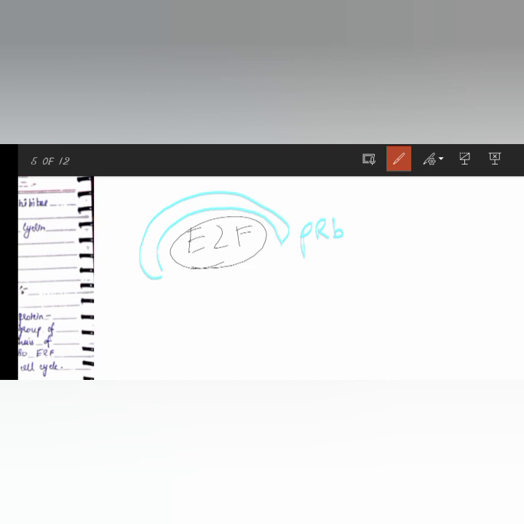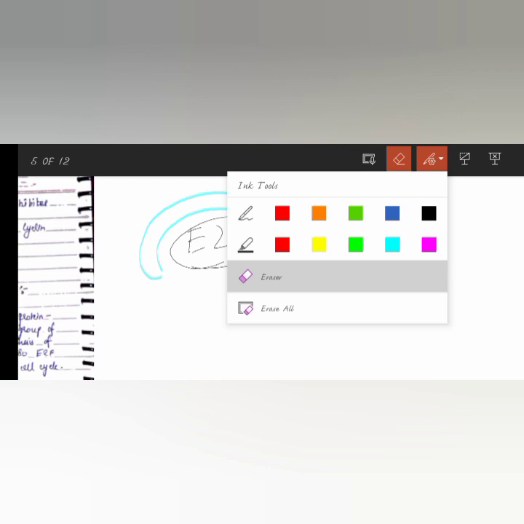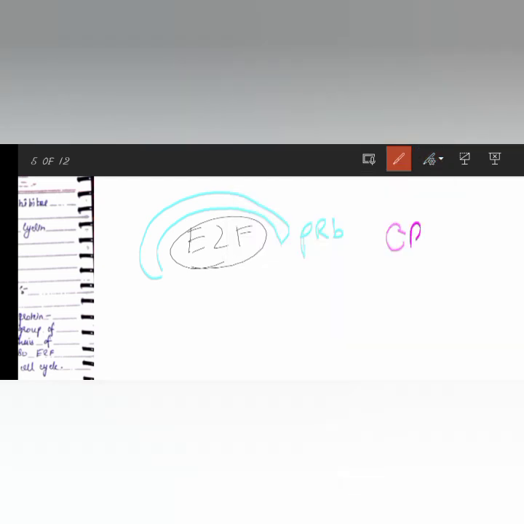Now, what happens is the complex of CDK4 or 6 along with cyclin D comes here.